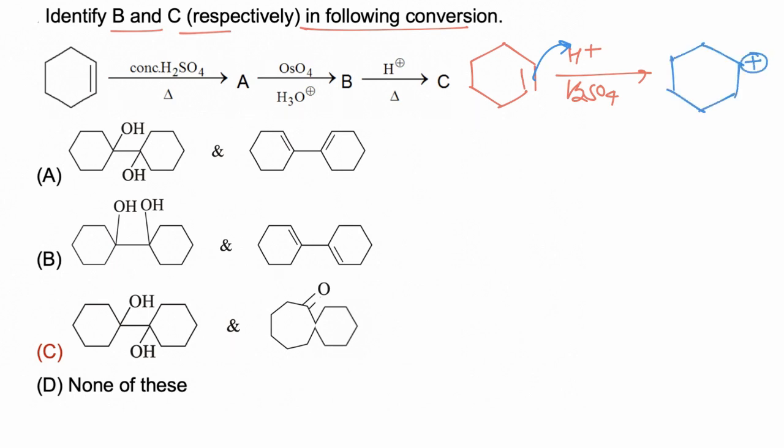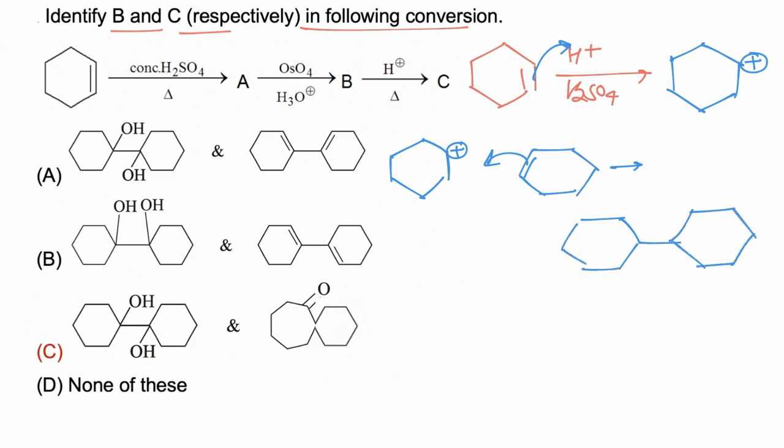Now this carbocation will further combine with another molecule of alkene. Now the alkene will act as a nucleophile, so a new carbocation is formed.